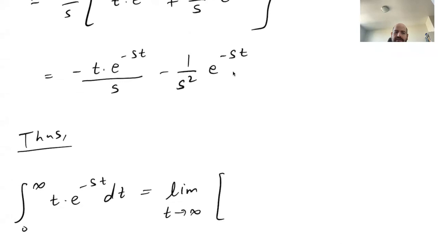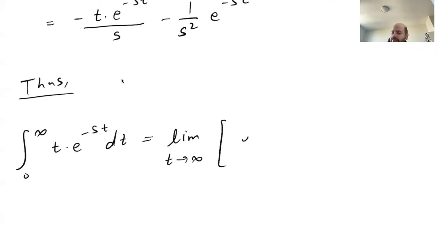In this antiderivative, e to the power minus st is a common factor. I can take e to the power minus st out, and then times minus t over s minus 1 over s squared.